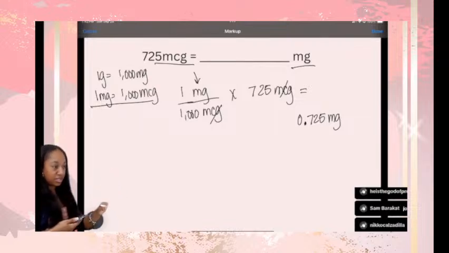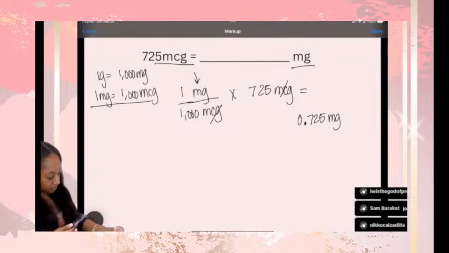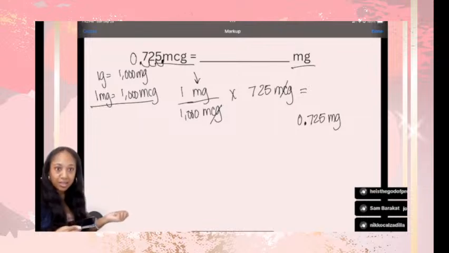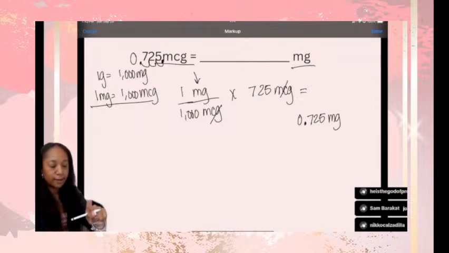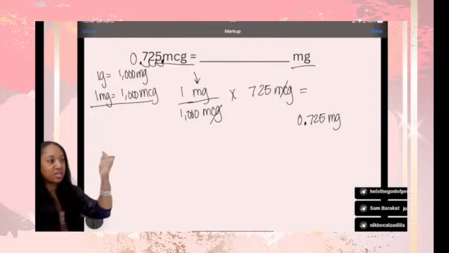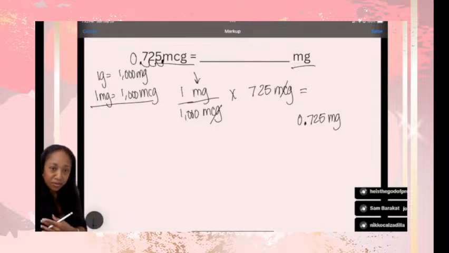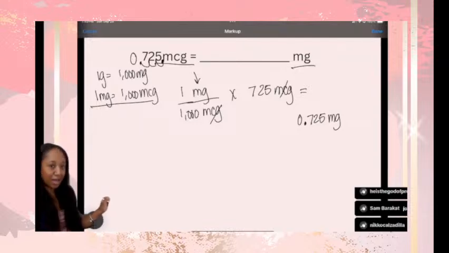So in this case, it would have been little, large, left. So you would have had your decimal space and did 1, 2, 3. And then you could have solved it like that if you didn't want to set it up with dimensional analysis. But that only works when you're just going from one unit to the next. So if you're going from grams to micrograms, that's 2 big steps, because that's what, 1 million? So that's like 6 zeros. That's not going to work unless you know how many zeros you have and how many decimal spaces.